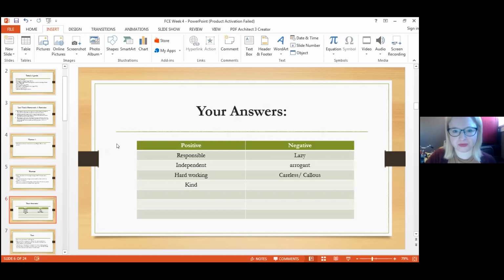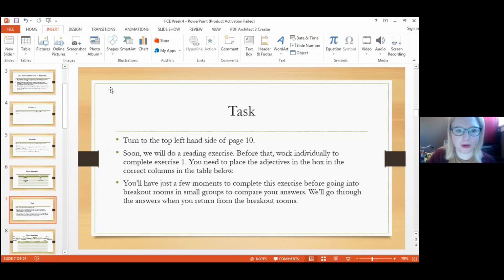Okay, so let's move on to our next exercise. This exercise refers to the exercise on the top left-hand side of page 10. Soon we'll be doing an actual reading exercise, but what's common in English classrooms, whether it's exam or general English, is that before you do any reading, you do a series of vocabulary tasks to prepare you for the vocabulary you are about to encounter.